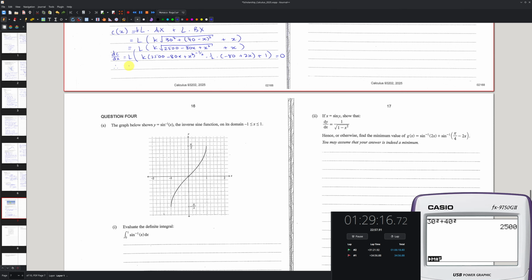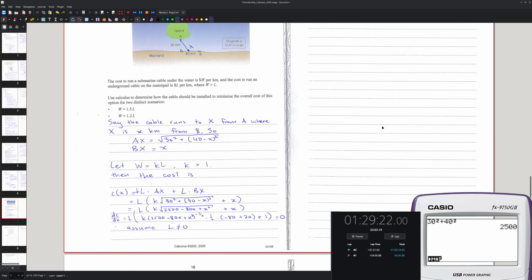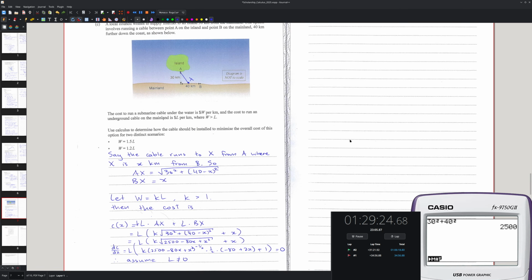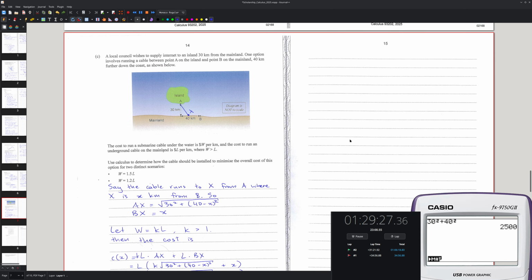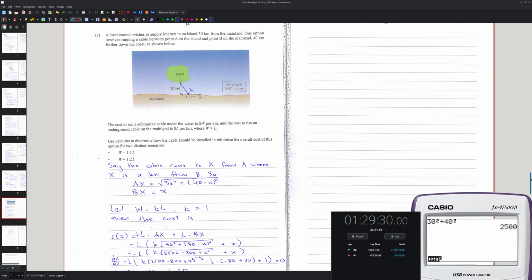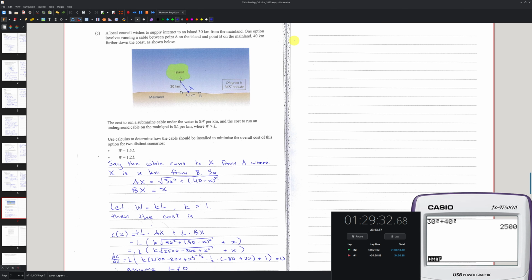So assuming L is not equal to 0, then we have k times (x minus 40) over the square root of x squared minus 80x plus 2500, plus 1, equals 0.